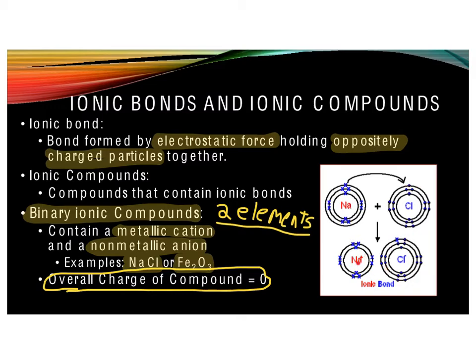So now we have a sodium with one less negative charge here. We have chlorine with one more negative charge here. The positive and negative attract each other, and we get what is called an ionic bond, which is just this positive being attracted to this negative.